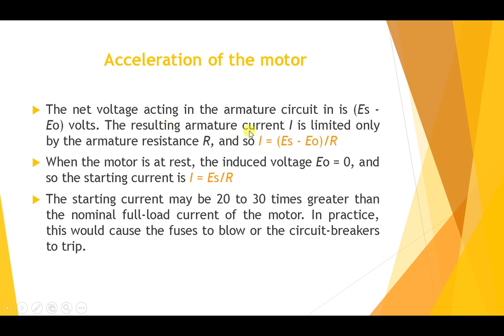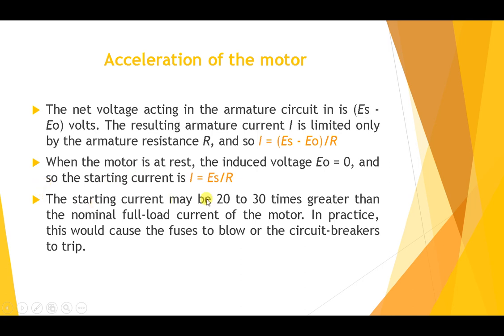The resulting armature current is limited only by the armature resistance R and given by the equation I is equal to the armature voltage divided by resistance. Initially, when the motor is at rest, the induced voltage is 0, and so the starting current will be I is equal to ES, meaning the supply voltage, divided by the resistance.